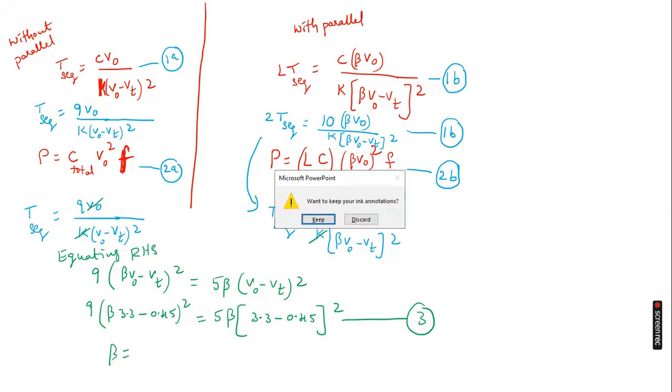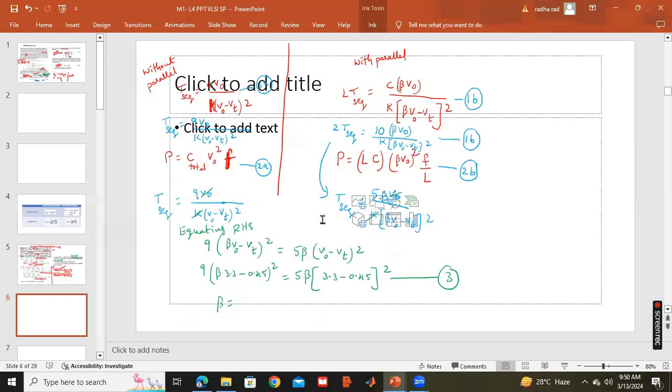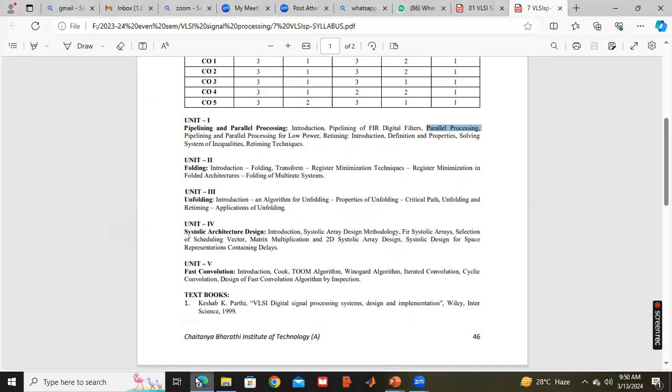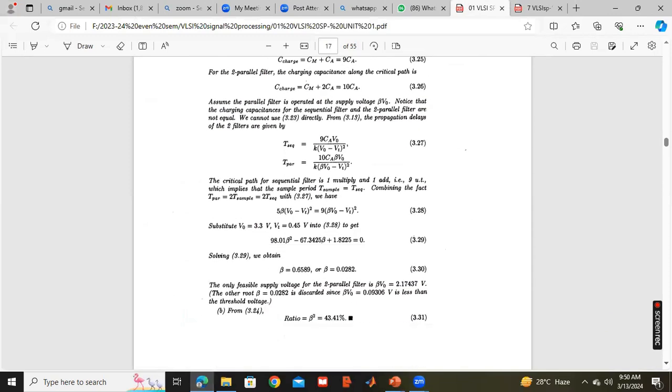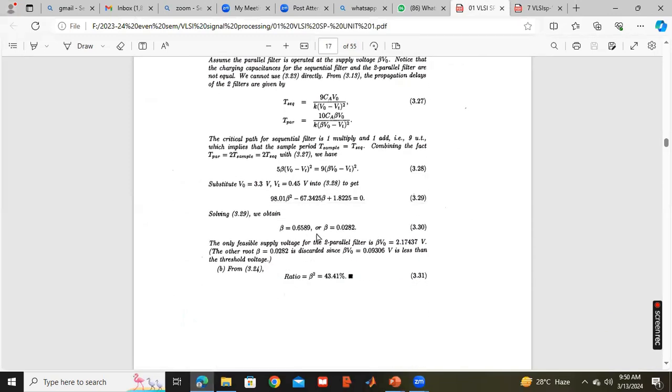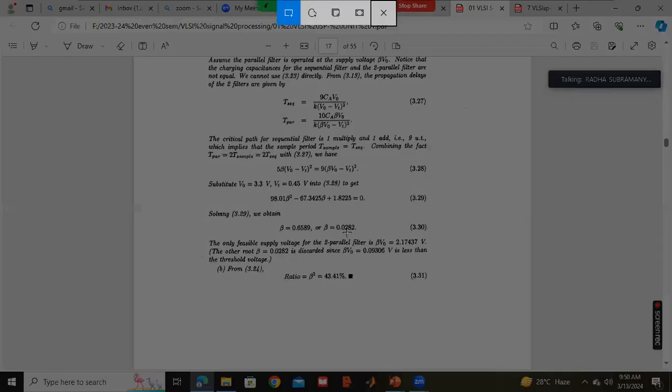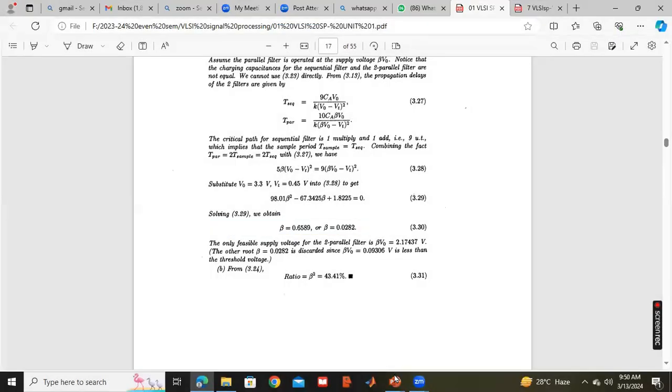I'm not using a calculator, so let me see what the beta value is. If I solve this equation, the beta value will come out as 0.6589 or 0.0282. So these are the two beta values.